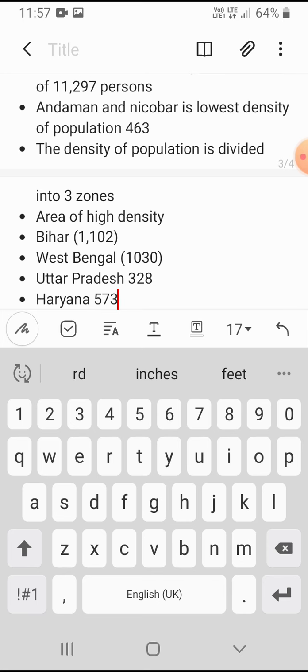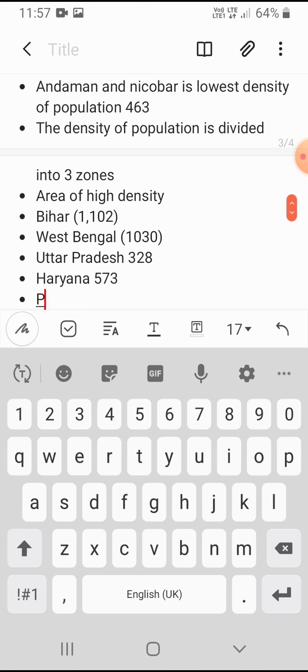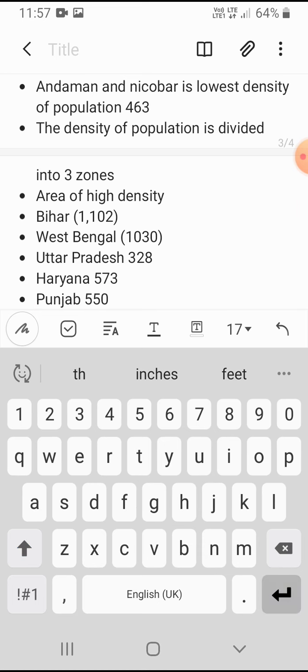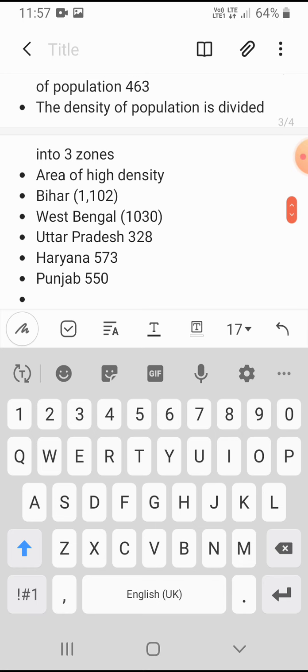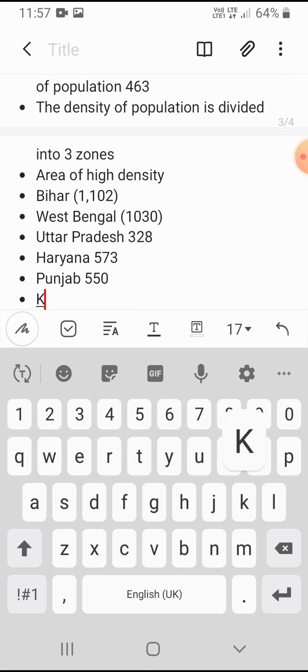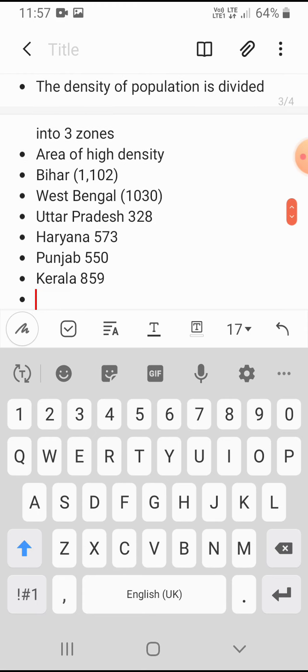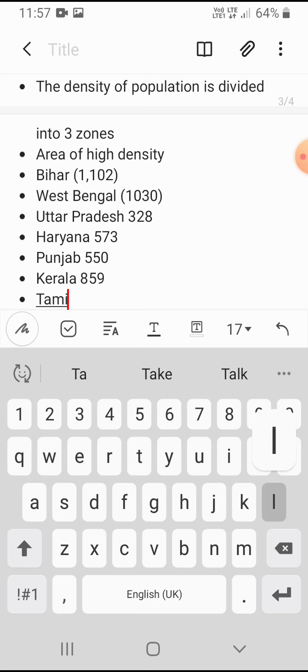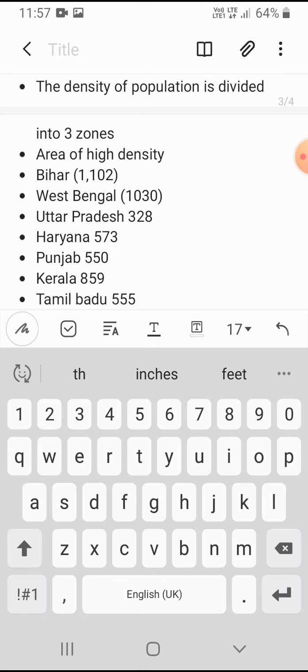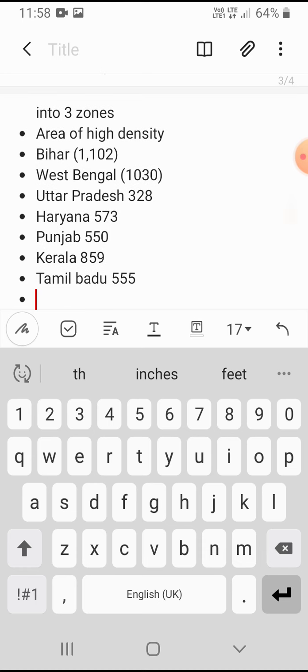Next is Punjab, where 550 people are living. Next is Kerala, 859 people. And next is Tamil Nadu, 555. So in these states the areas of high density are found.